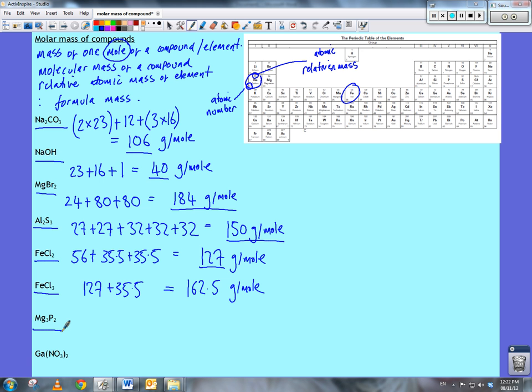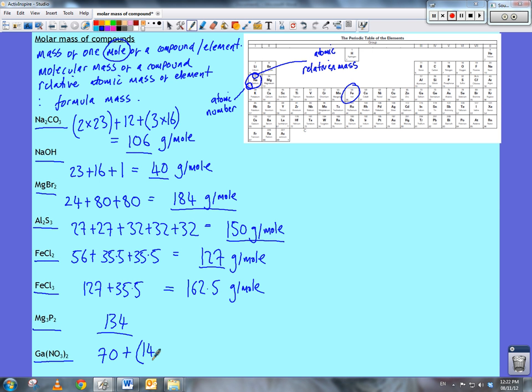Magnesium phosphide. If we work that out, we end up with finding that we get a mass of 134. Gallium nitrate, gallium, you'll find is 70. Now this time we've got some brackets or parentheses, and we'll find that here then. We're going to include our nitrogen.